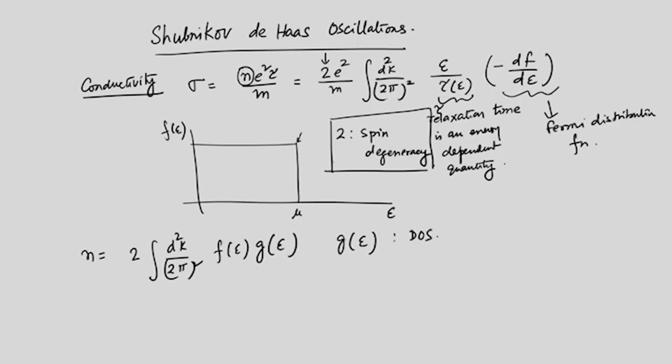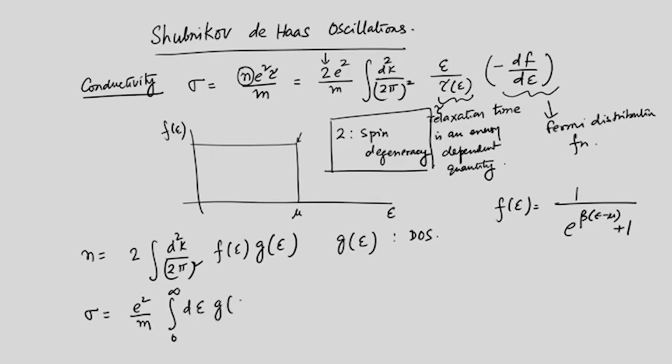This is only a qualitative description of the problem, and of course, your f(epsilon) is nothing but 1 divided by e to the beta (epsilon minus mu) plus 1. That is a Fermi distribution function. So, this sigma, the conductivity, can be written as e squared tau by m, and an integral from 0 to infinity d epsilon g(epsilon).